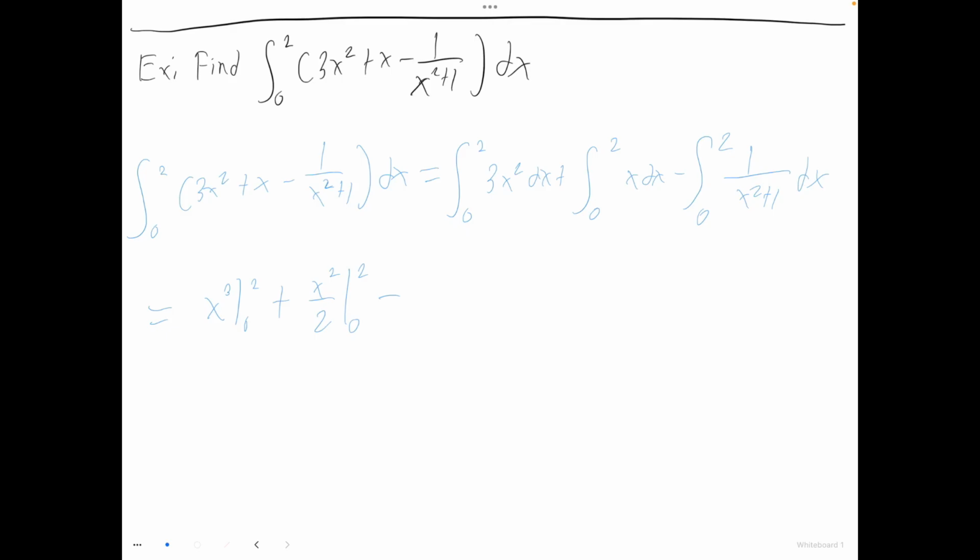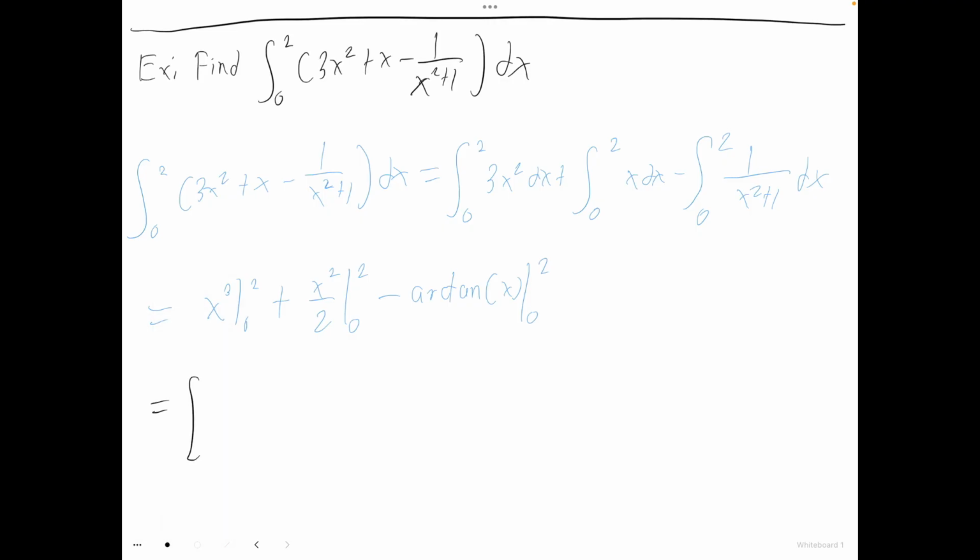Okay, so that's an important one to remember. So we get arctangent of x from 0 to 2. Okay, so that is the antiderivative of 1 over x squared plus 1. That is an important one to remember, and it's easy to forget.